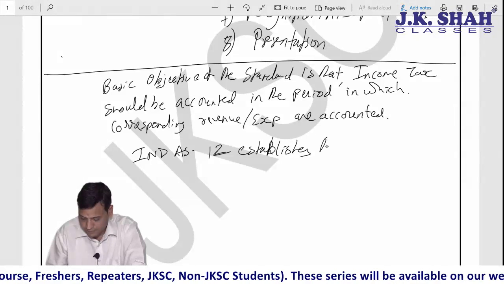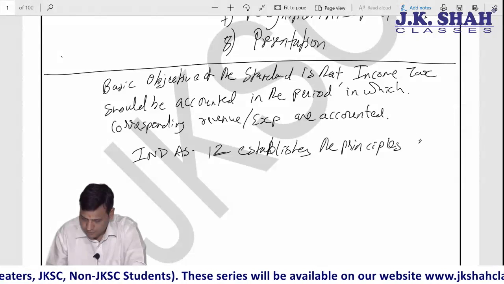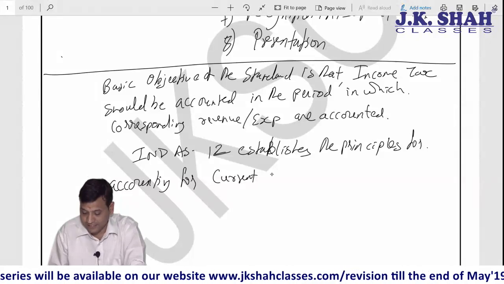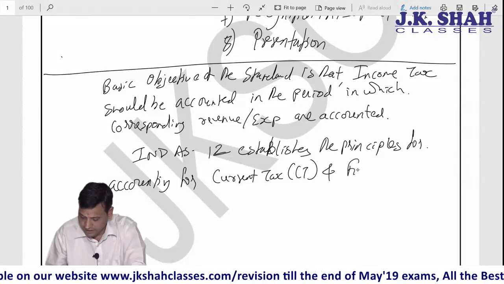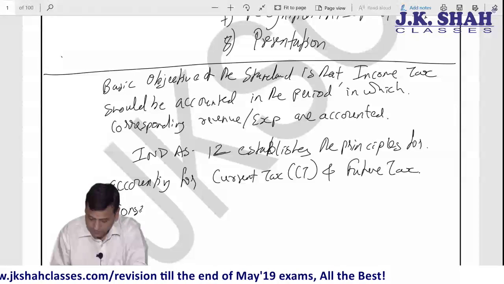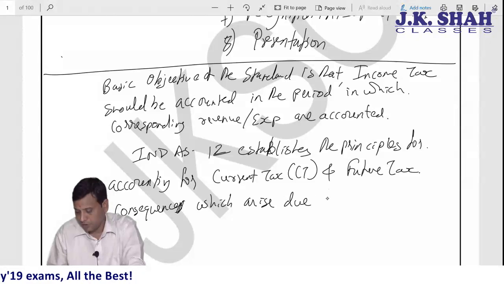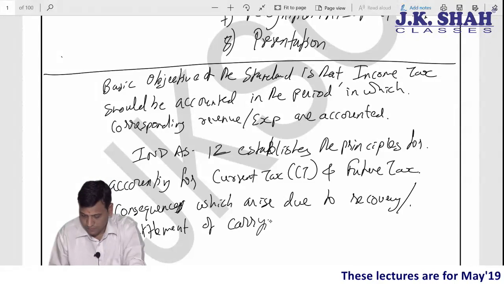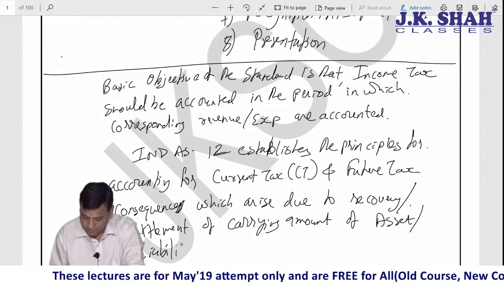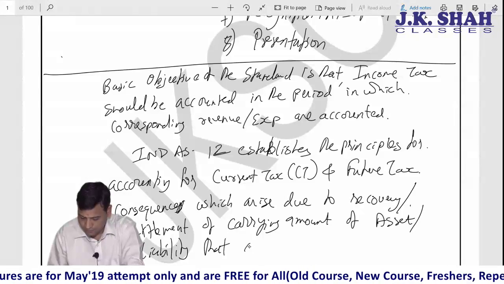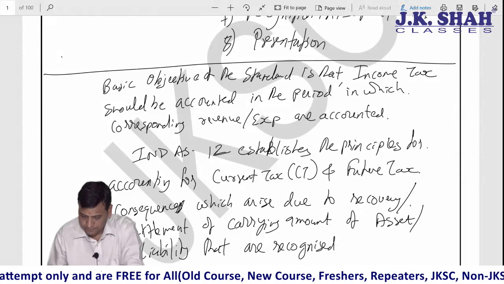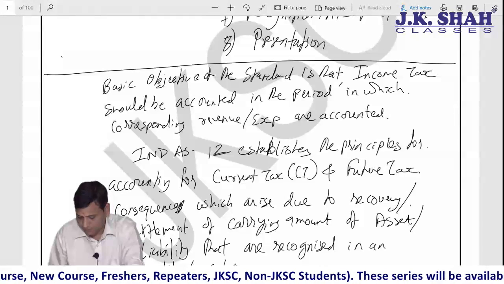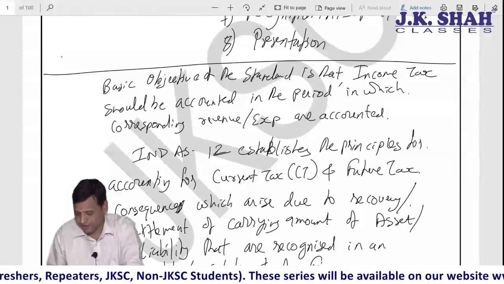It establishes the principles for accounting for current tax, henceforth I will say CT only, and future tax, which arises due to recovery of an asset or liability that are recognized in an entity's statement of financial position, or you can just say balance sheet.